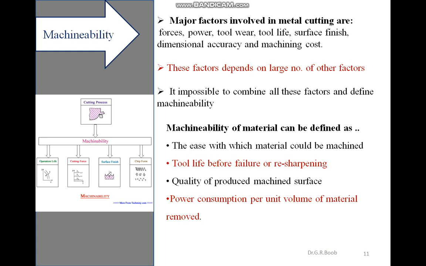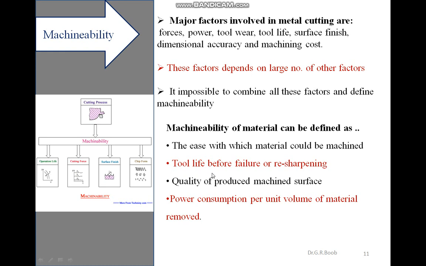Machinability, in a simple way, is the ability of a material to get machined. How fast it will get machined, so that will be more machinable, or machinability will be good. That way we can say in simple language. But considering all these factors while defining machinability at a stage is difficult. Still, it can be defined as the ease with which a material can be machined.